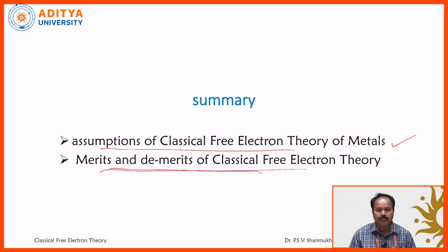But it failed to explain the specific heat capacities of metals or solids, and also it failed to explain ferromagnetism, antiferromagnetism, and also the photoelectric effect, Compton effect, black body radiation, and so many other properties of metals. So these are the merits and demerits of the classical free electron theory.